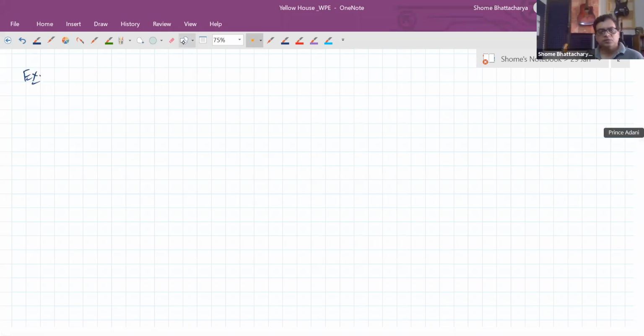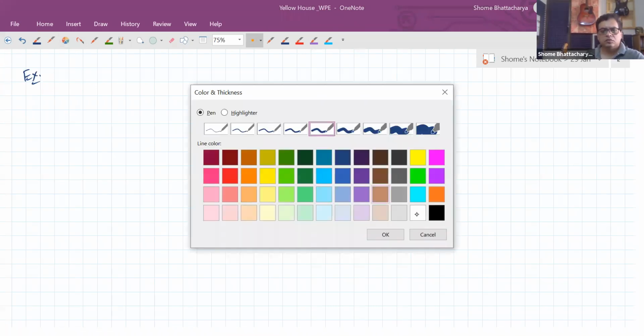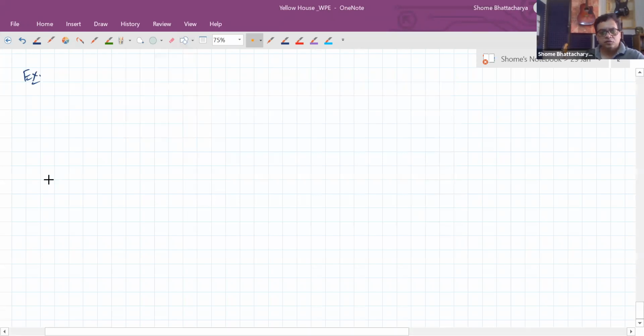Okay, so in this example, there is a smooth horizontal surface, which ends in a slope.